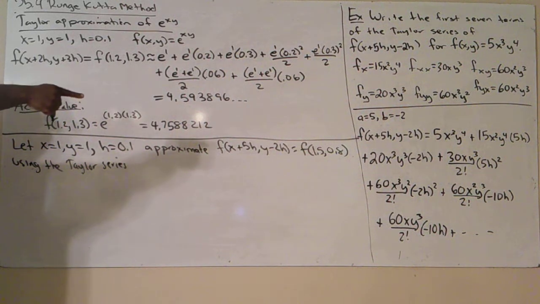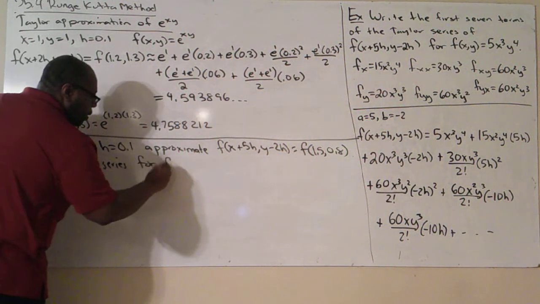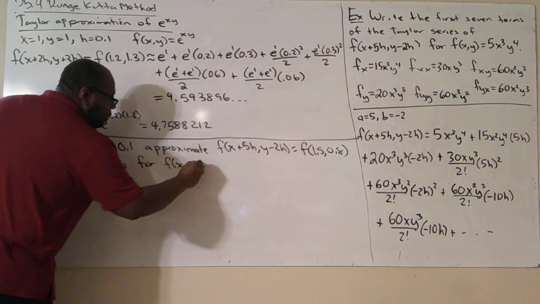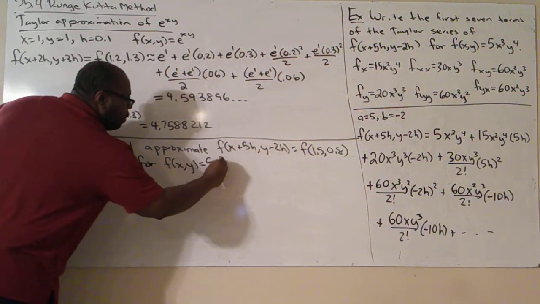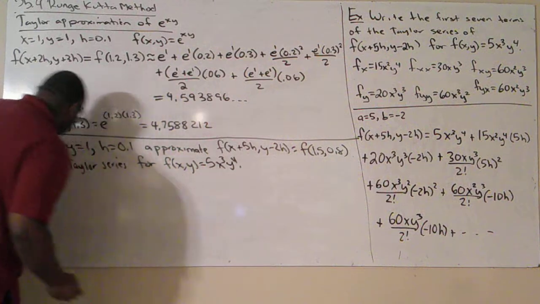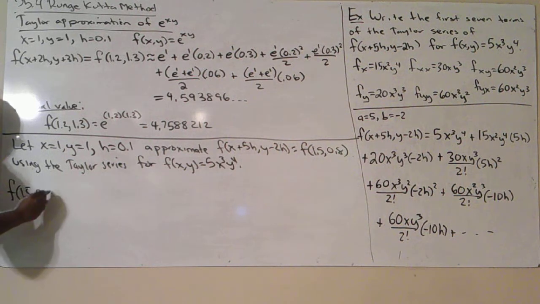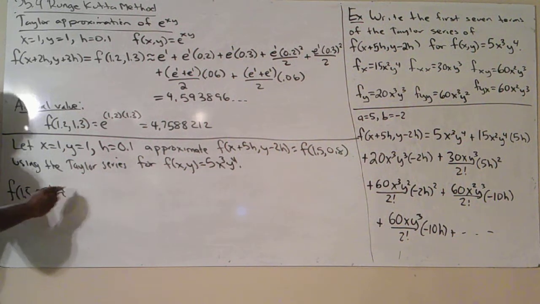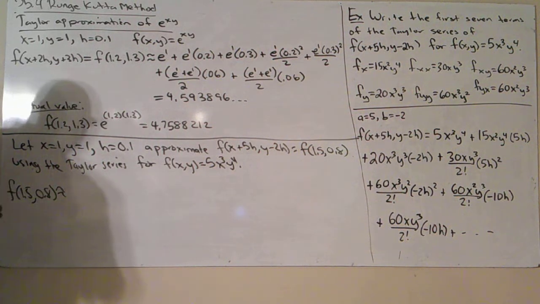So here we're going to be using this Taylor series that we just came up with for f of x comma y equal to 5x cubed y to the 4th. Okay. So let's plug it in there. So what do we get? We have f of 1.5 comma 0.8 is approximately equal to, just plugging in where x is equal to 1, y is equal to 1. So this becomes relatively easy.